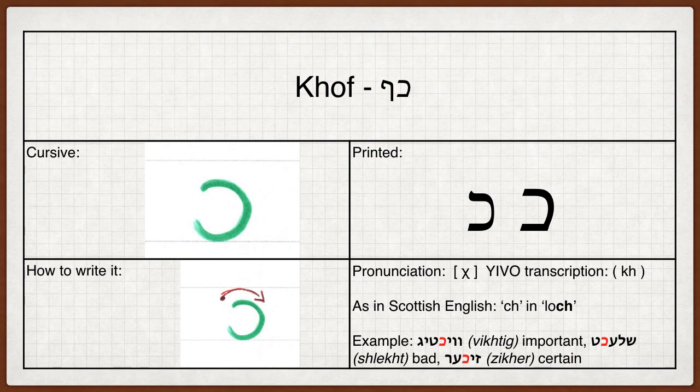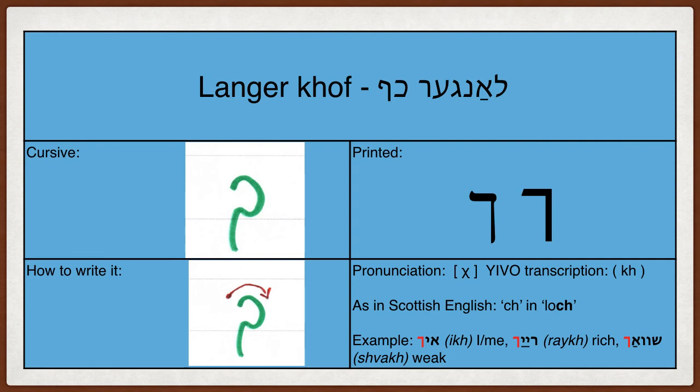Up next we have a Langer-Khaf. The pronunciation is kh, just like in the German name Bach and in the Scottish word loch. Few examples. Ich, meaning I. Reich, meaning rich.